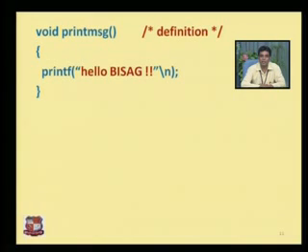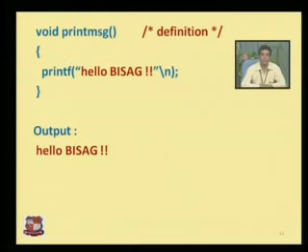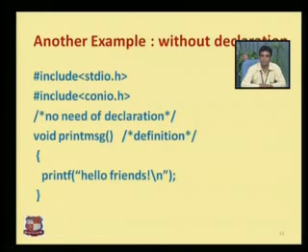So we have defined printf hello bisect. When the compiler goes to print message, it transfers the control to the function definition, and in the definition we have printf hello bisect, so it will print hello bisect. This is a very important feature: that particular definition we can use one time or many times.